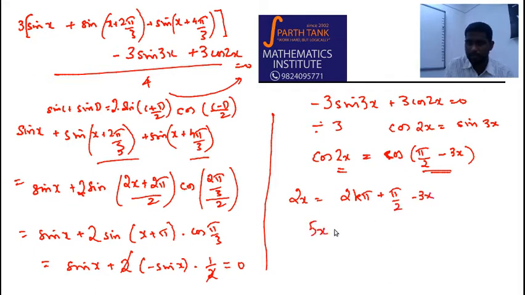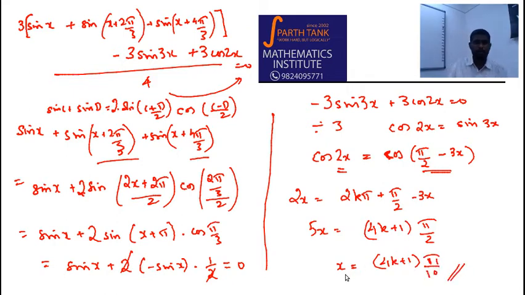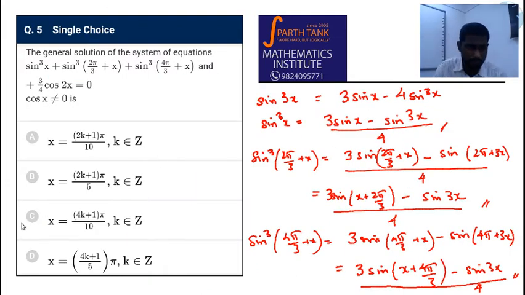Or 5x can be written as (4k plus 1) pi by 2. So x can be (4k plus 1) pi by 10. So for all these values of x, the equation is satisfied. So the answer is (4k plus 1) pi by 10, k belongs to Z.